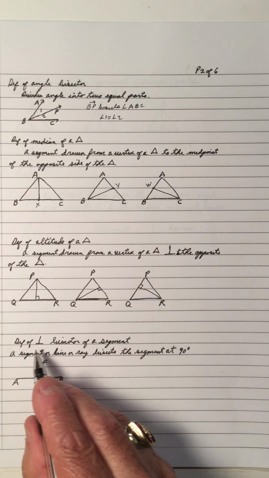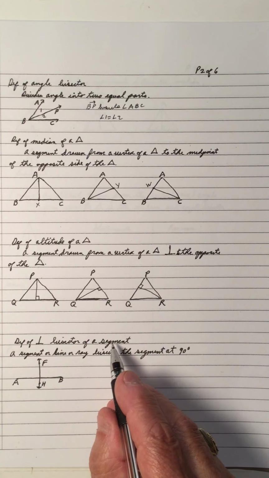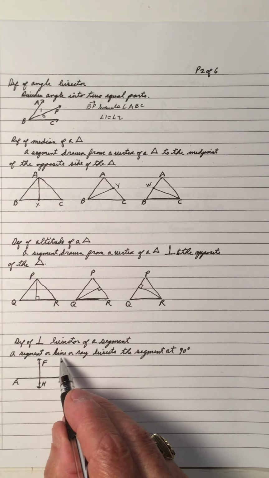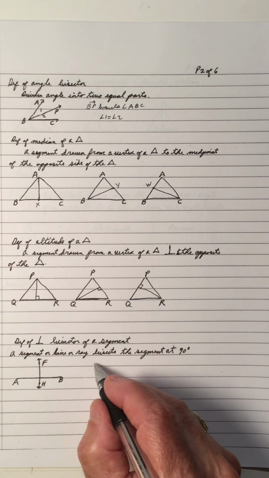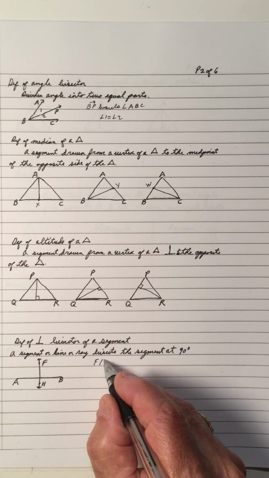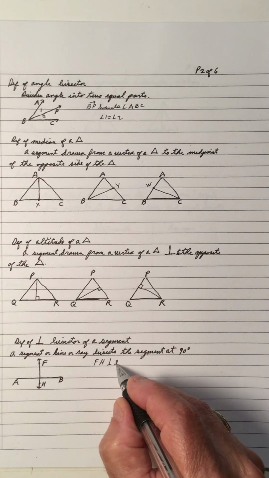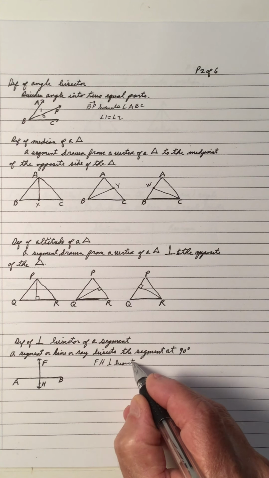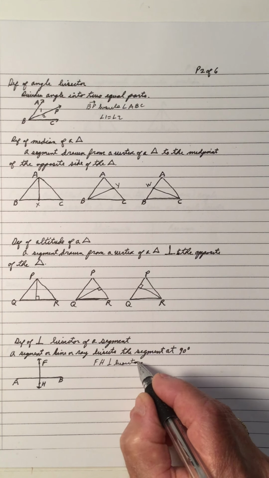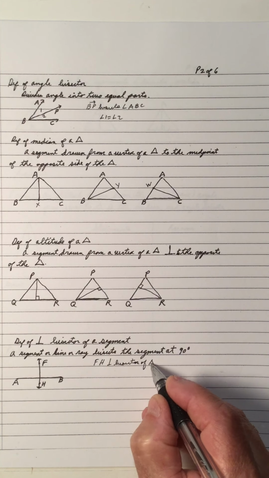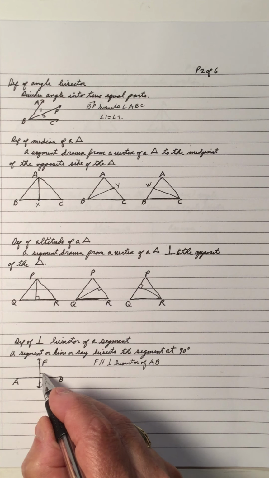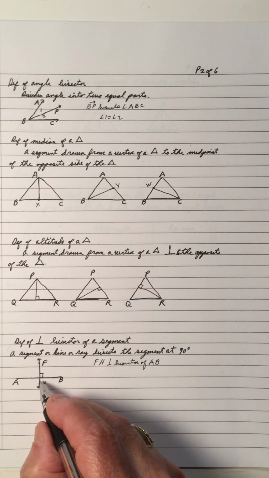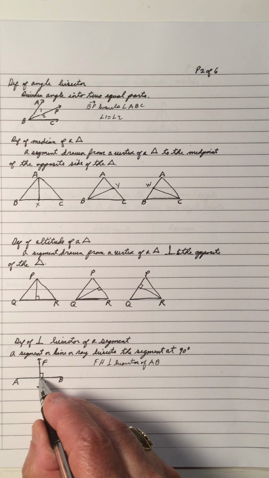And the definition of the perpendicular bisector of a segment: a segment or a line or a ray that bisects a segment at 90 degrees. So if FH is the perpendicular bisector of AB, that means that FH is perpendicular to AB and it bisects.